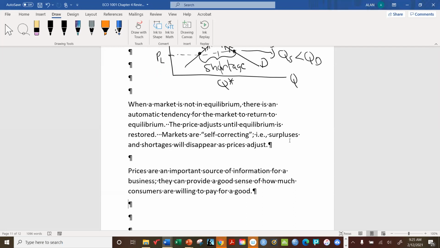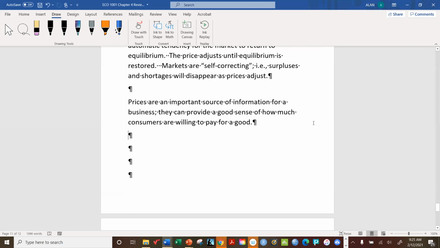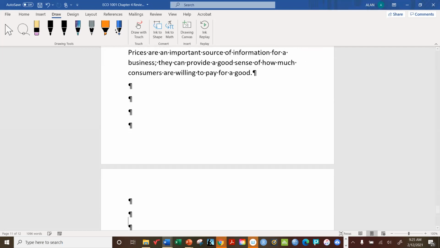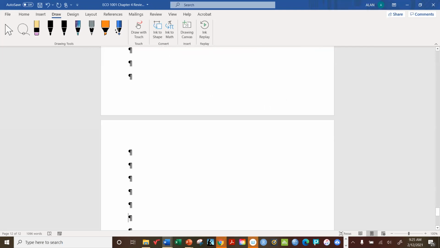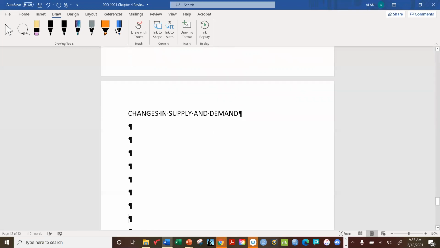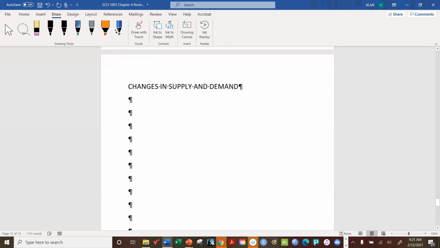All right, now that leads us up to our next discussion. What happens if our supply or demand changes? So we're going to look at that next. We need to consider what happens in a market to the equilibrium price and quantity when there's a change in supply or demand.